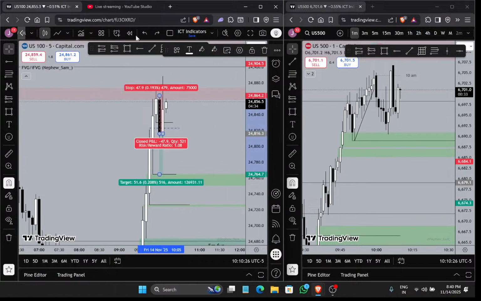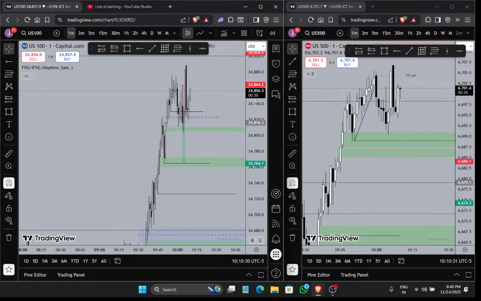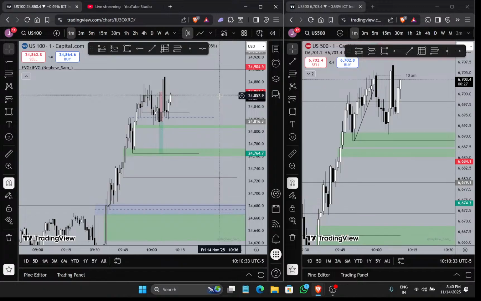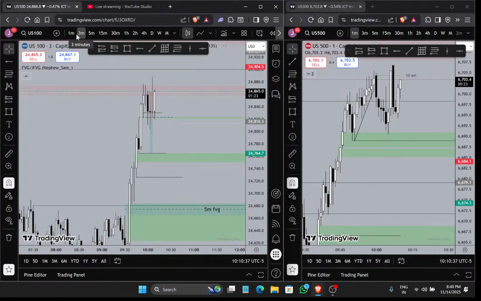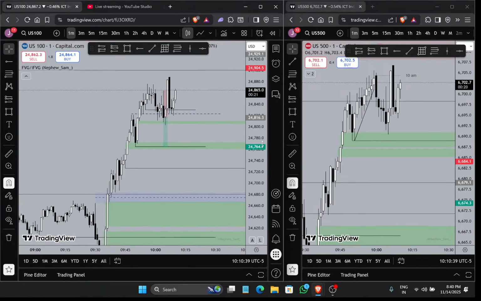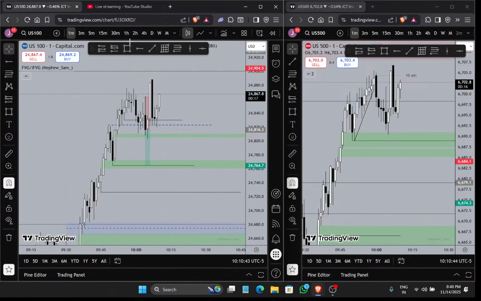Okay. Maybe that was our problem. I don't think that is a problem because we inverted the 5 minute. So what is the problem? I don't know. Maybe it's not an actual V shape, but still not a bad trade.